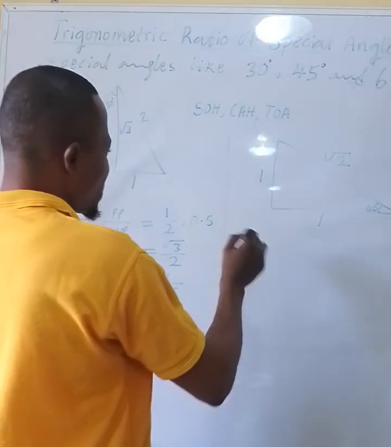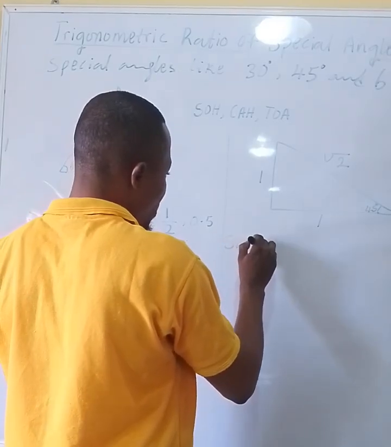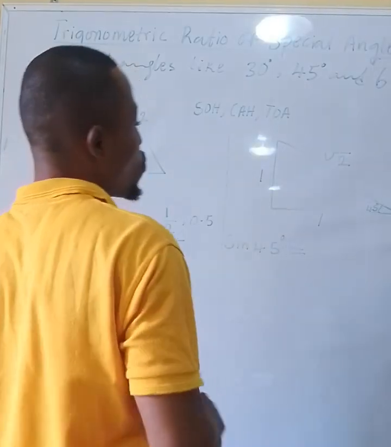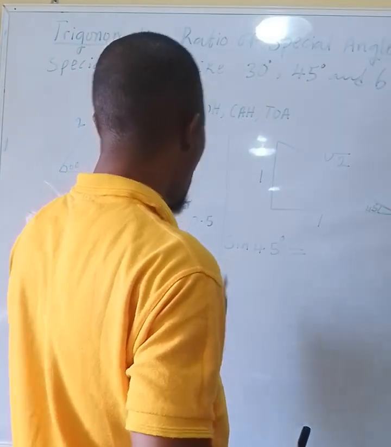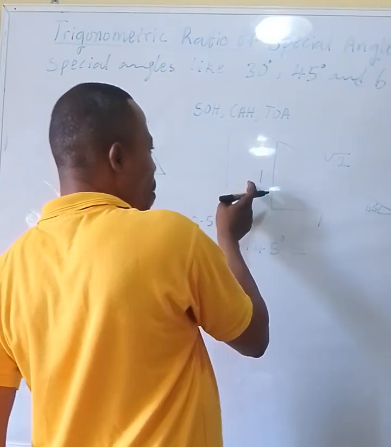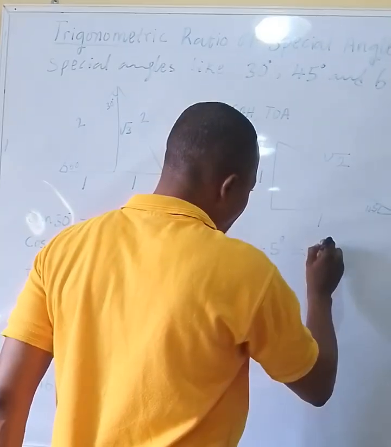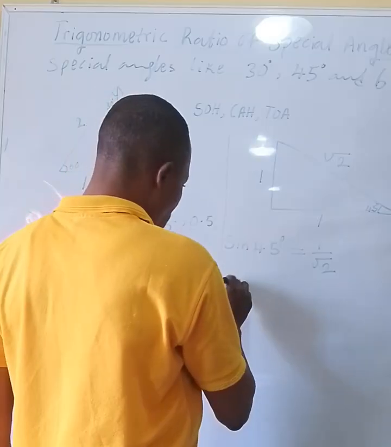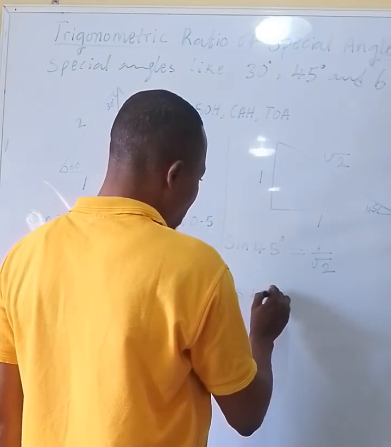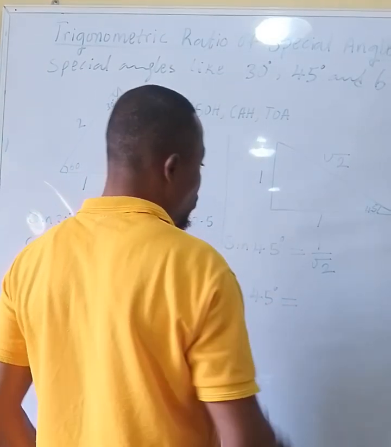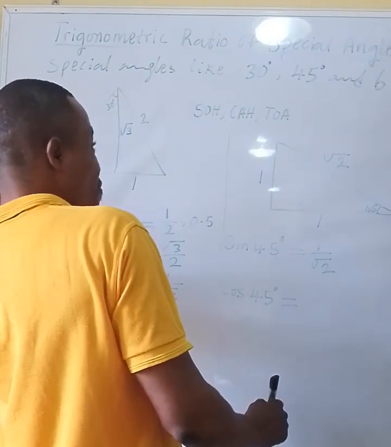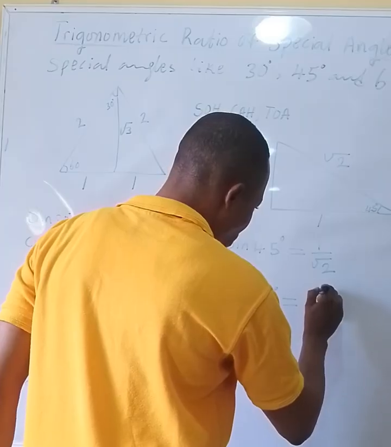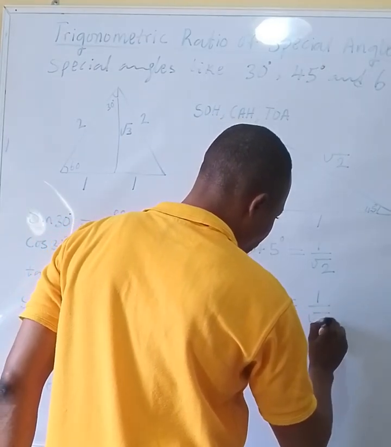So now let's find it. The first thing is sine 45 degree. Sine 45 degree equals opposite over hypotenuse, which is 1 over root 2. Then cos 45 degree equals CAH, adjacent over hypotenuse, which is 1 over root 2.